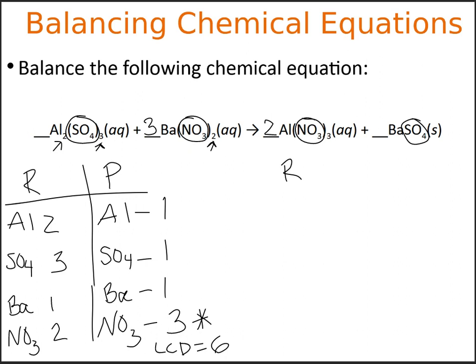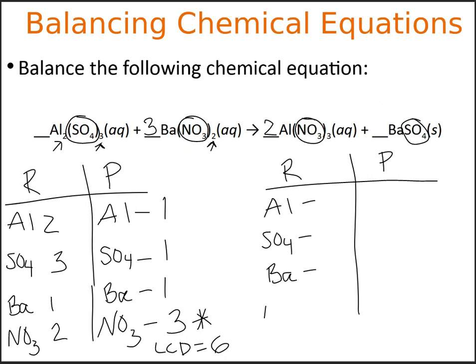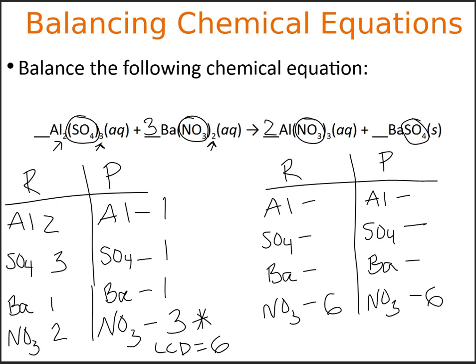So let's start our new table here. And I like to keep everything in the same order, because that way you're less likely to make a mistake. So with our multiplication here, we end up with 6 nitrates on the reactant side and on the product side.